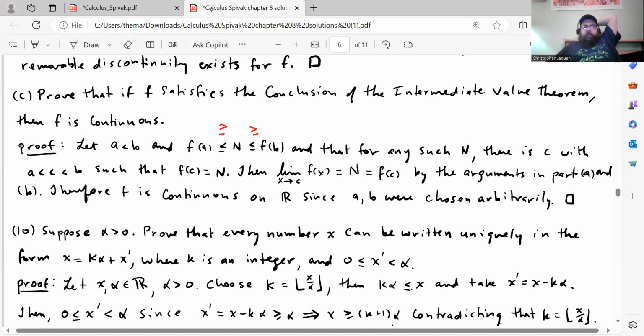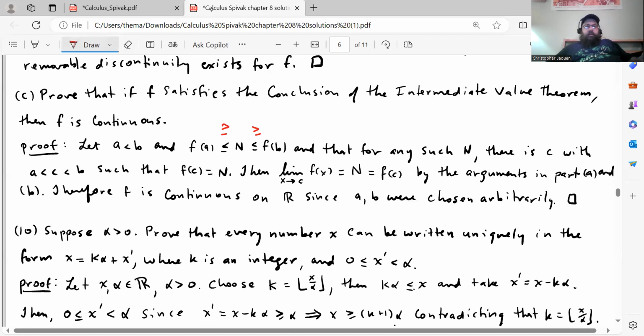Okay, so then the limit as x goes to c of f of x is equal to n, which equals f of c, by the argument in parts A and B. Therefore, f is continuous on R since a and b were chosen arbitrarily. In other words, there's nothing special about a and b. You can do this for any two real numbers.